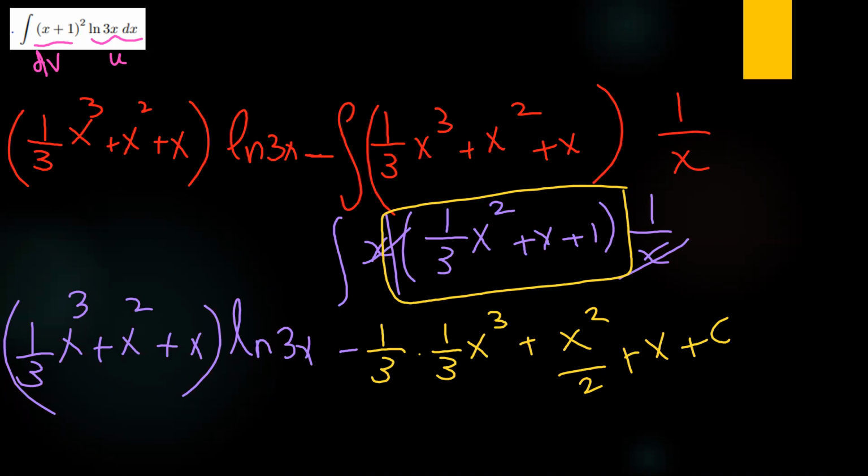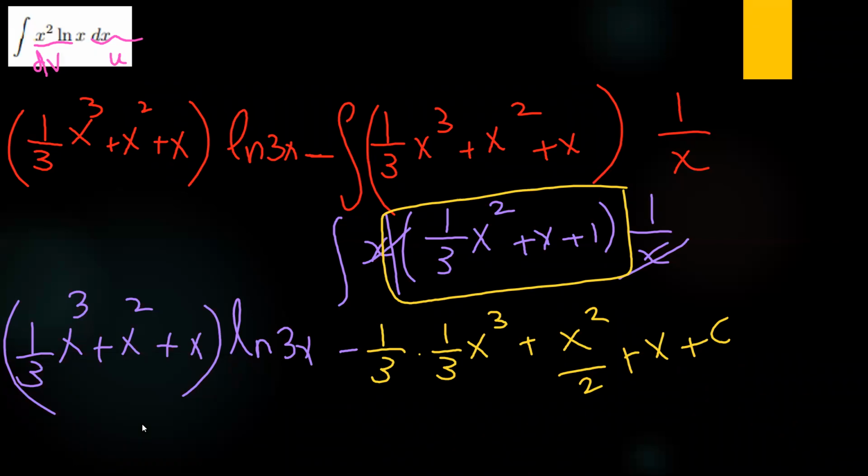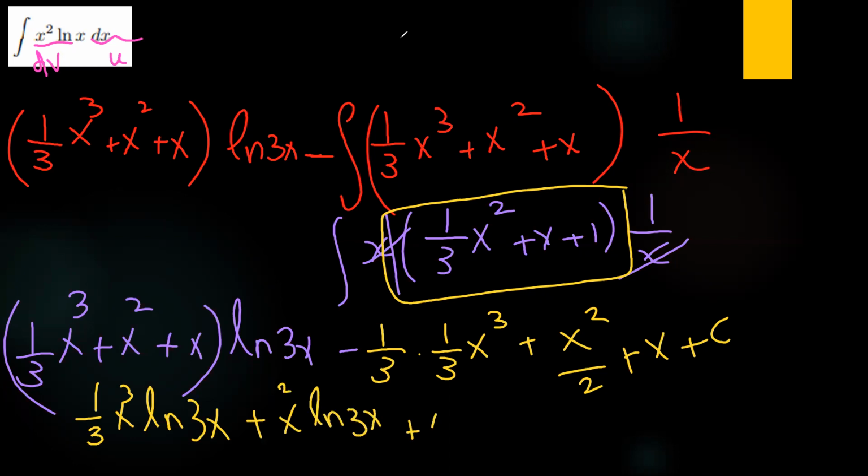Don't expand it, or you can say that it's 1 over 3 x cubic ln 3x plus x squared ln 3x plus x ln 3x minus 1 over 9 x cubic plus 1 over 2 x squared plus c plus x plus c.